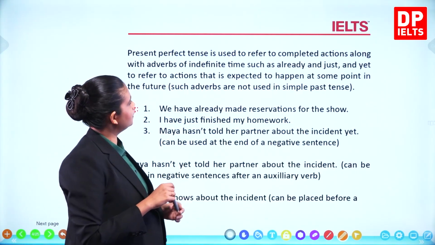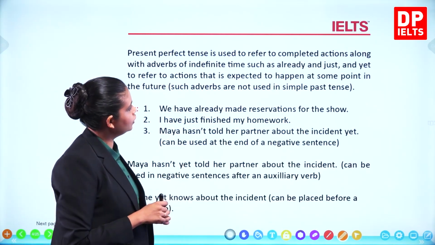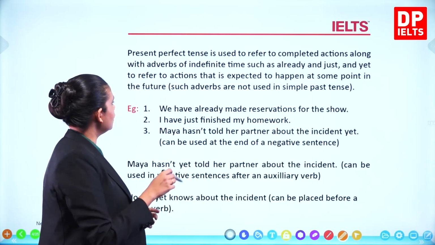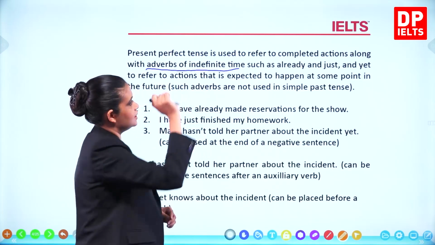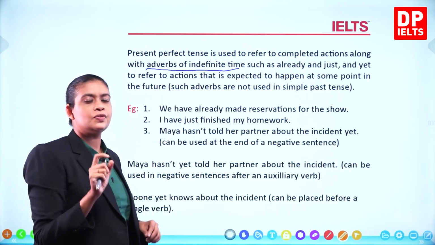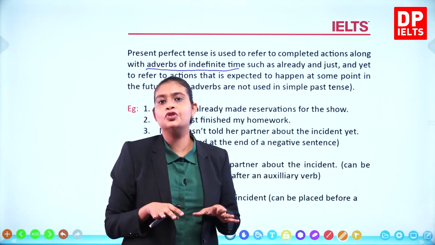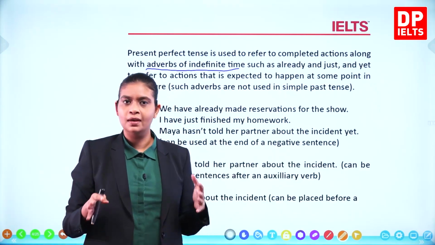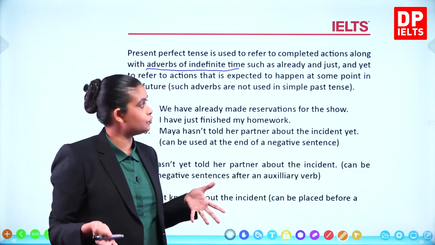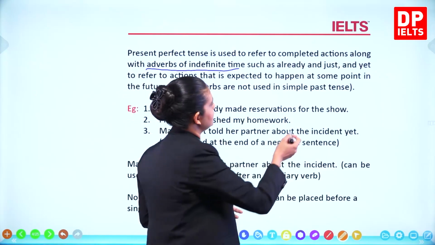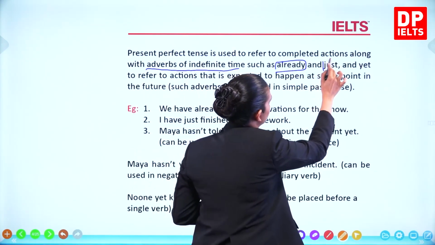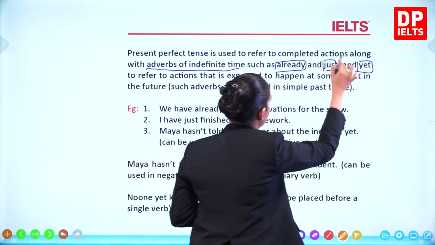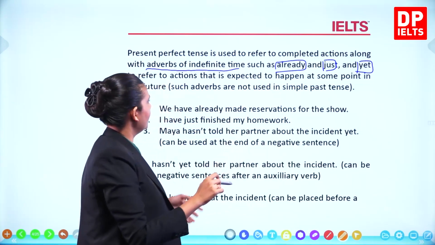The present perfect is used to refer to completed actions along with adverbs of indefinite time, right? So some adverbs, they don't show us a definite time frame. They are indefinite. We don't know, right? You can say already, just, yet, okay?